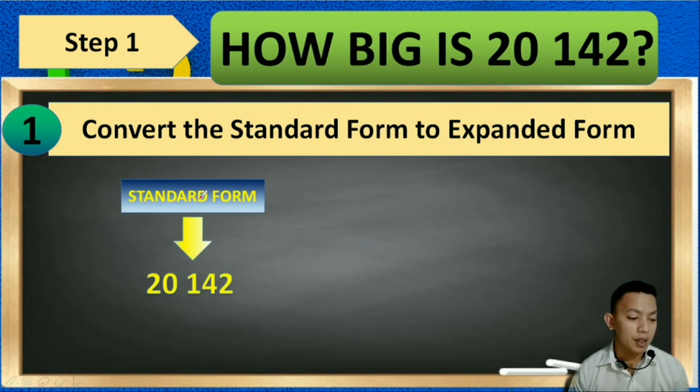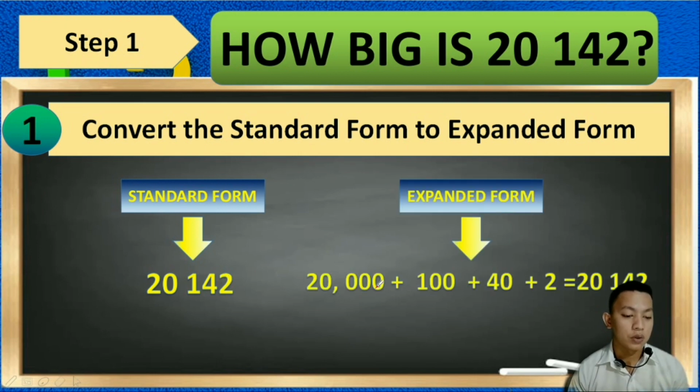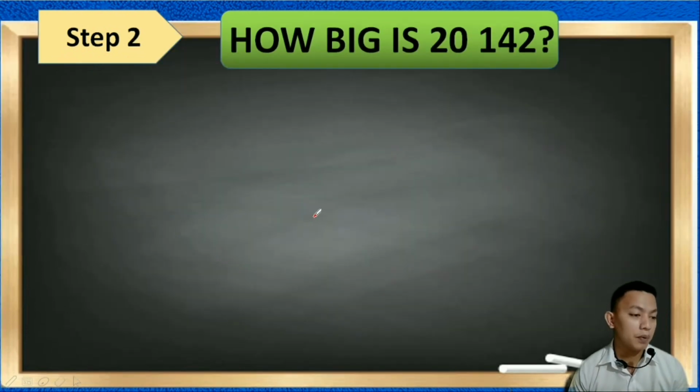Standard form is 20,142. The expanded form is 20,000 plus 100 plus 40 plus 2 is equal to 20,142. Let's proceed to step number 2.